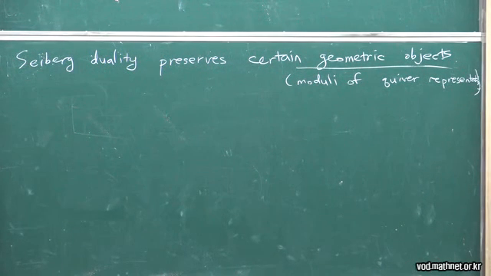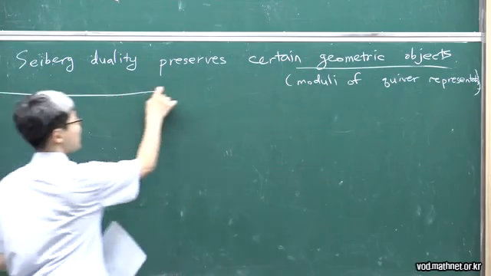Physicists observed that under Seiberg duality, the moduli spaces over this quiver and this quiver are the same. So they keep applying Seiberg duality until they get the simplest quiver, and then they study the simplest quivers. Anyway, that was history.